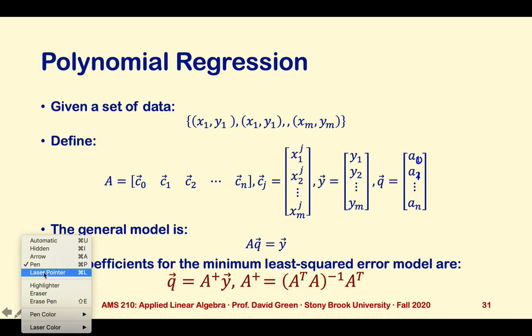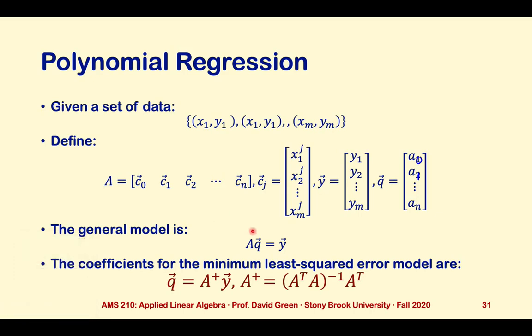Once we have that written down, we can express our general model as A times Q equals Y, this matrix of processed X values times the vector of coefficients equals our target Y. These coefficients are the unknowns. They're the things that we don't know about the fit.